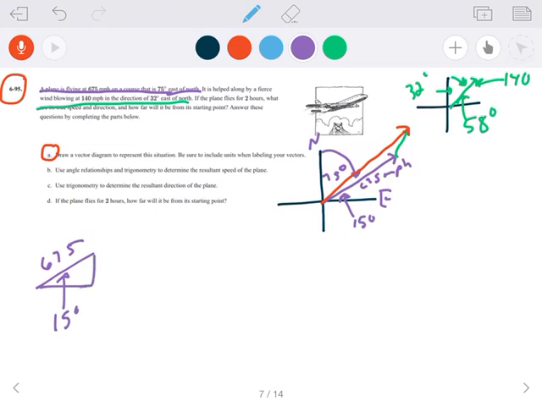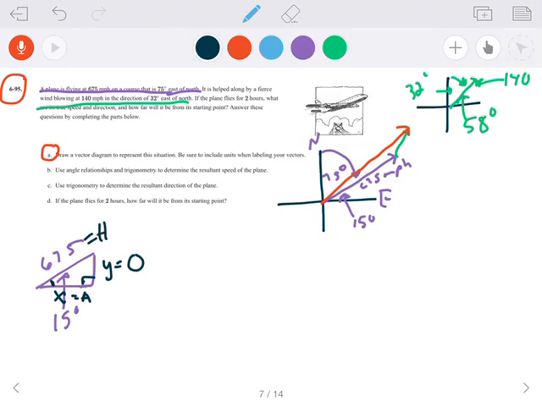Basically what we want to calculate are the x and y values that make up the sides of that right triangle, because we know it's a right triangle. In order to get that, we can use right triangle trig. We know this angle right here. The x side is the side that's adjacent to it. The y side is the side that's opposite, and the 675 is the hypotenuse.